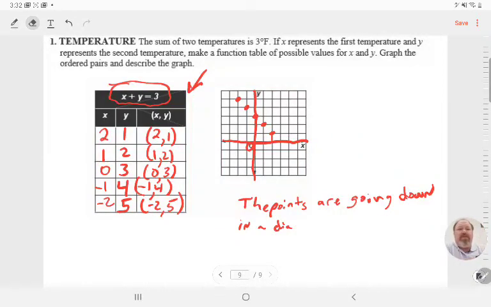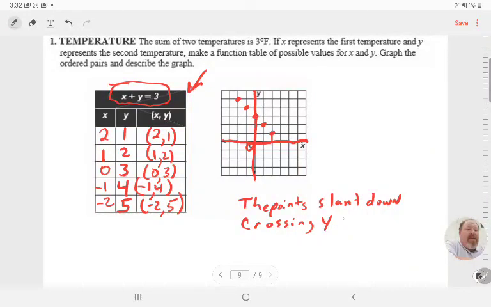Or I could just simply put the points slant down, crossing y at 3 and x at 3. So I could describe it like that if I wanted to. Okay, so you're just describing something about it, so if somebody read it, they could kind of have an idea of what the graph is doing.